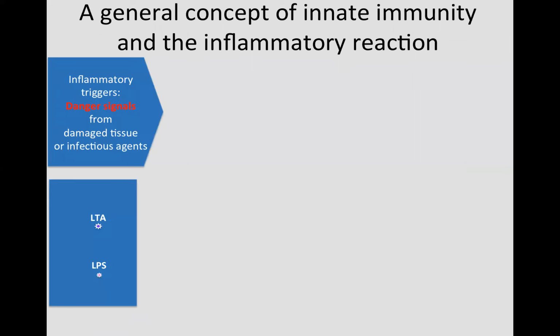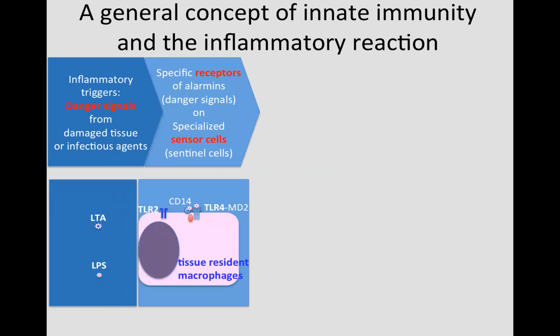So what is the general concept of inflammation and immunity in this case? There are danger signals, inflammatory triggers, which are the start of this whole reaction. For example, the lipopolysaccharide of bacteria will be sensed by specific receptors of the innate immune system.